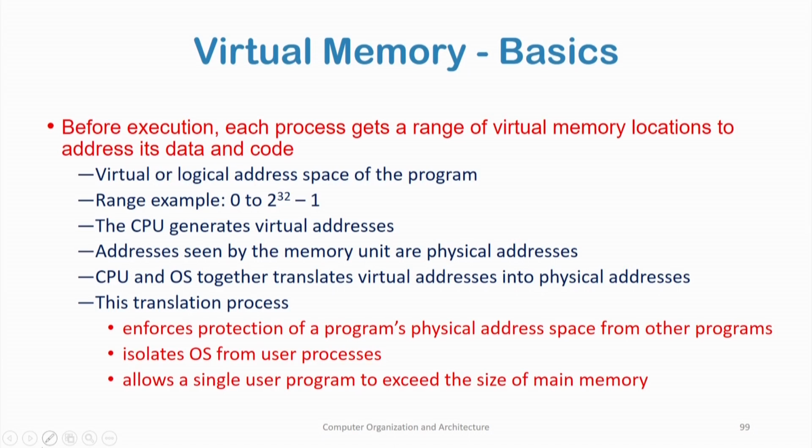We are saying that each process can address a virtual address space, and the code and data corresponding to a process will be within its virtual address space. This virtual address space will be of the size from 0 to 2 to the power 32 minus 1, let us assume for a 32-bit computer, and then this virtual address will be mapped to a physical address in main memory.